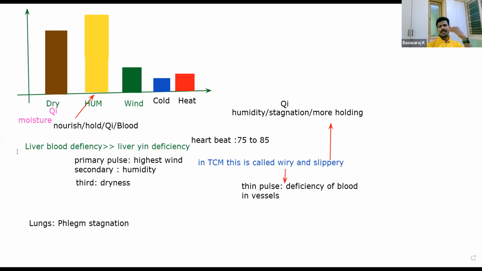Because your digestion system is unable to get moisture from the lungs, it is dried up. Due to this dryness, the person feels heavy gastritis, indigestion, acidity, burping, constipation, and skin itching.